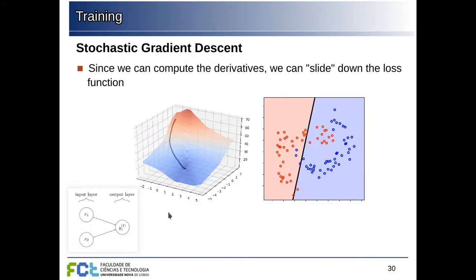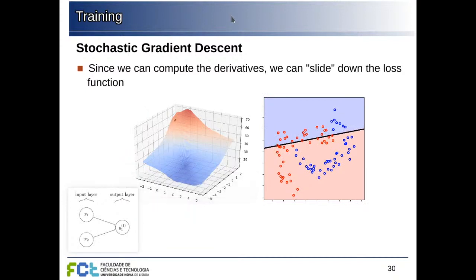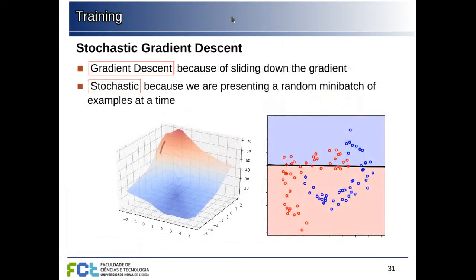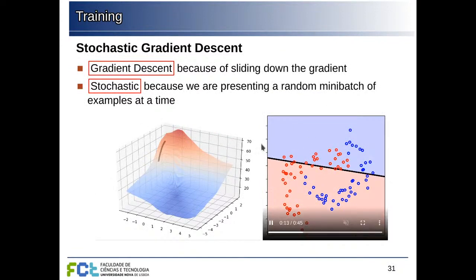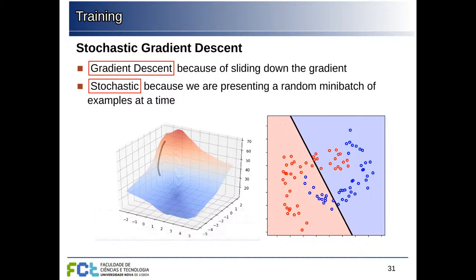So this basically we are doing with stochastic gradient descent, because since we can compute the derivatives with respect to the parameters, we present some examples, estimate the derivative, and slide down that gradient. So it's gradient descent because of this motion here. We're sliding down the gradient of the loss function. And it's stochastic because at each update to our weights, we are presenting a random mini batch of examples.